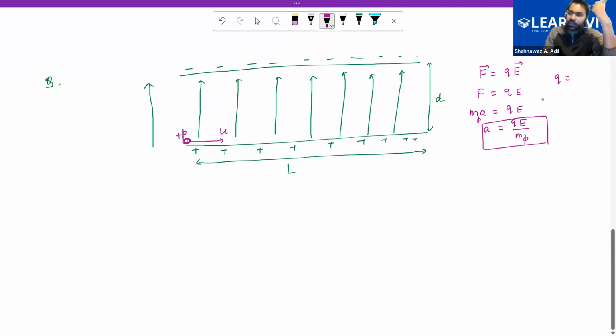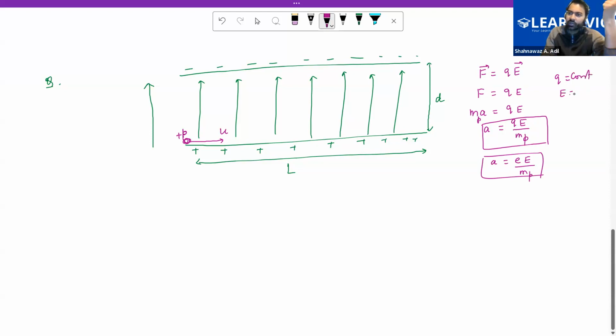Q is a constant, the charge on the proton.